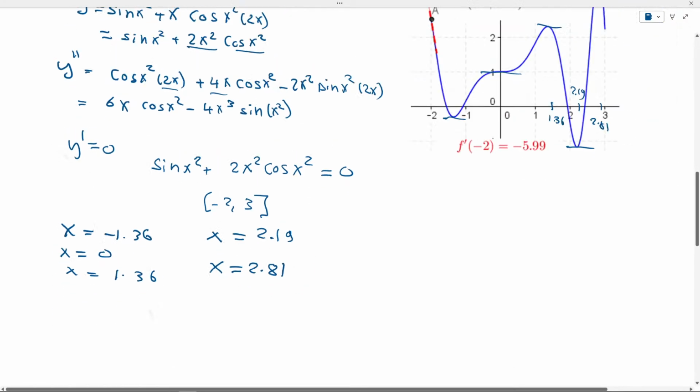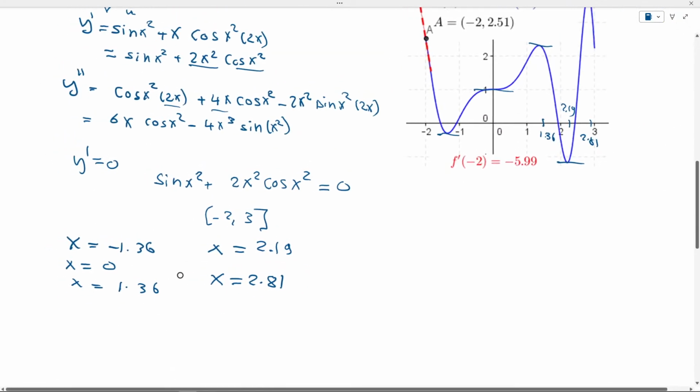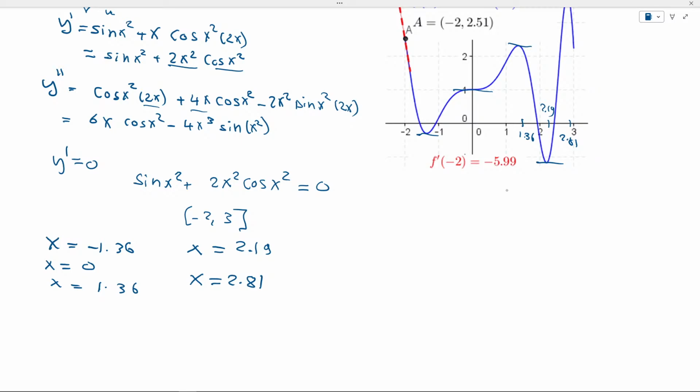But how would we know what these are? Are they minimum, maximum, inflection point, or what? To know this, you just substitute each of these into this equation.